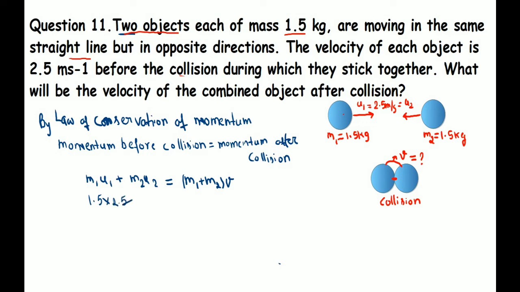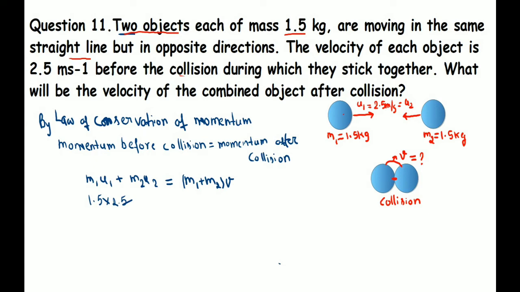We will place the value of the first object, 1.5, and the first velocity, 2.5, plus the second object, 1.5, and the velocity 2.5. But student, just observe over here, the velocity of the second object is opposite in direction, so we can write a negative sign before u2.